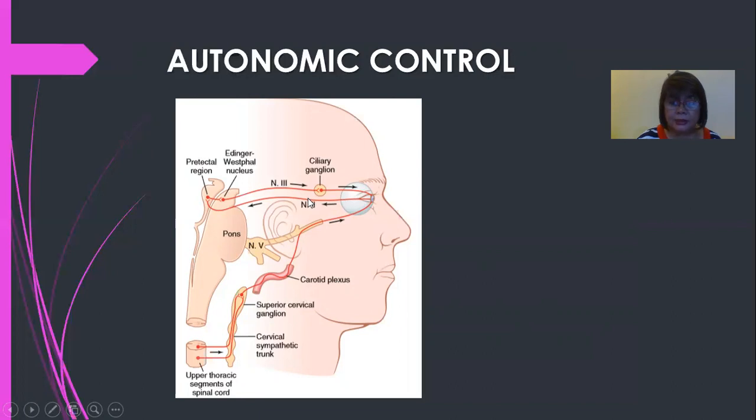This sends messages through cranial nerve 2. It goes to the pretectal region. It stimulates cranial nerve 3 from the Edinger-Westphal nucleus, and it constricts the pupils. There, that's a pupillary reflex.